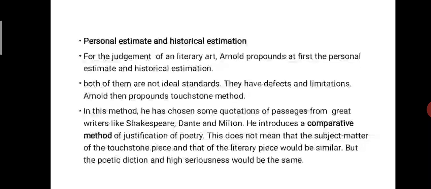In this way, we can understand the particular fallacies and the real evaluation of poetry, how Matthew Arnold used the touchstone method, the comparative method, to compare the writers from classical literature, and at the same time he wants to suggest the personal estimation also.